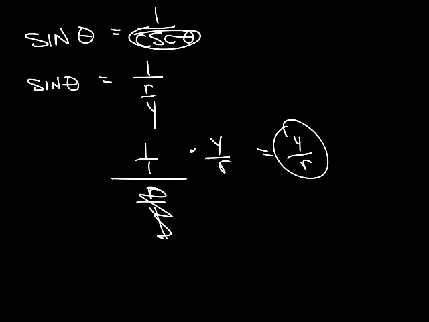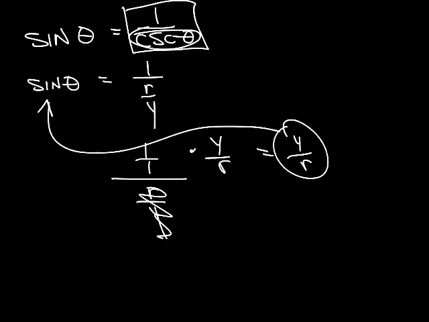Is y over r the sine? Yes, it is. So the sine of theta is y over r, but it's also equal to 1 over the cosecant of theta. Now, you don't have to learn how to do all of that, or remember how to do all of that. All you need to know is the identity on page 27, the reciprocal identities, because you will use those later on.